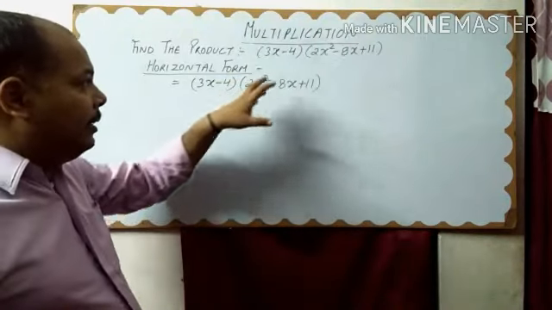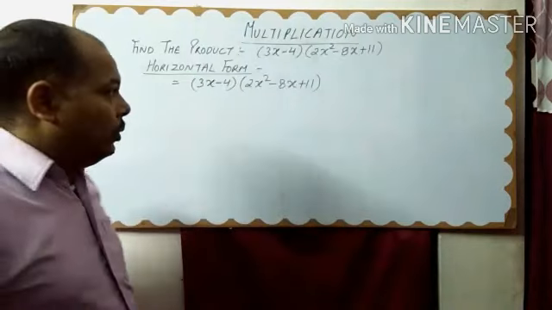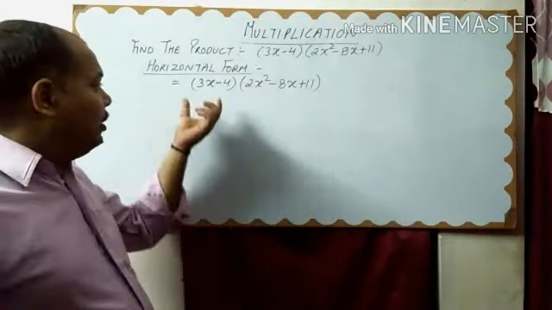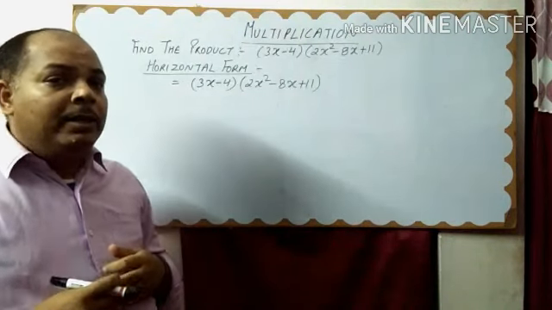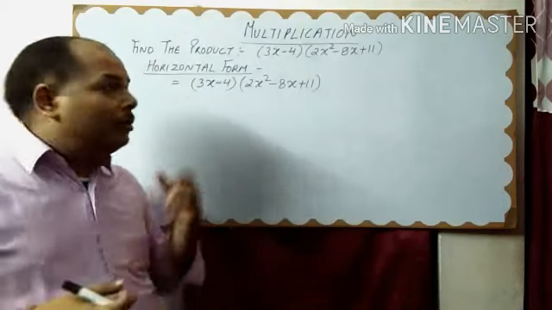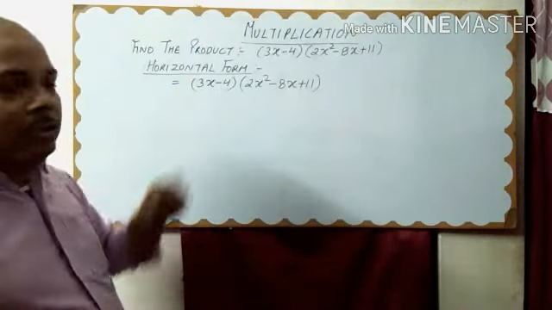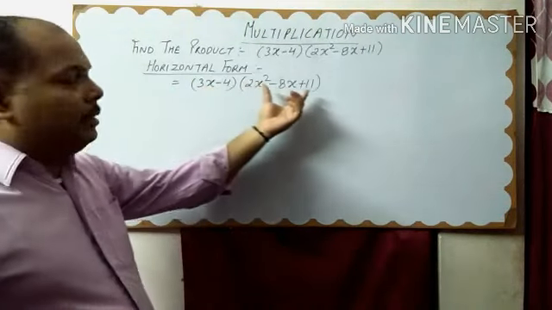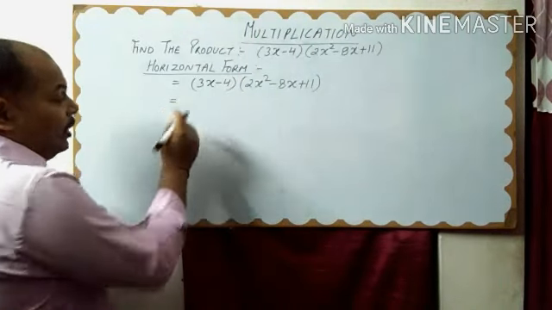So I am taking here one binomial and one trinomial. So now I will tell you 2 methods here. One is the horizontal method and the second is the vertical method. So you can use any method to multiply the polynomial. So first see the horizontal form here. In horizontal form, we will write the polynomial like this and follow me very carefully.